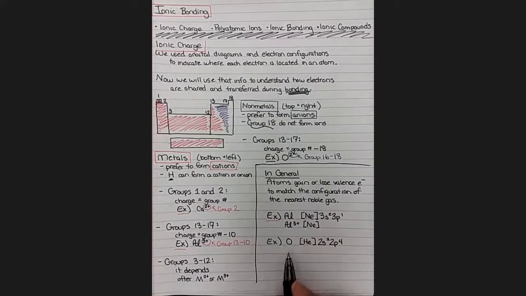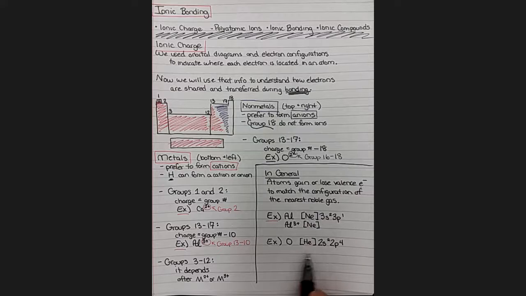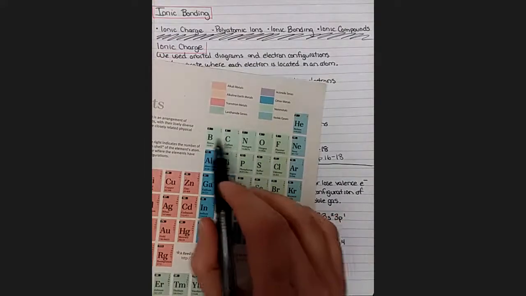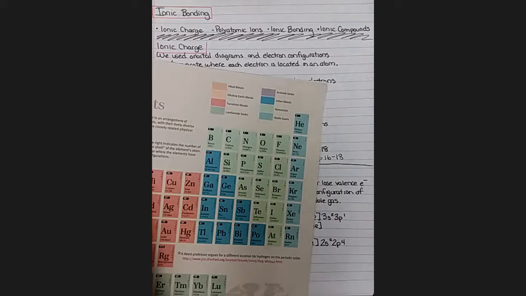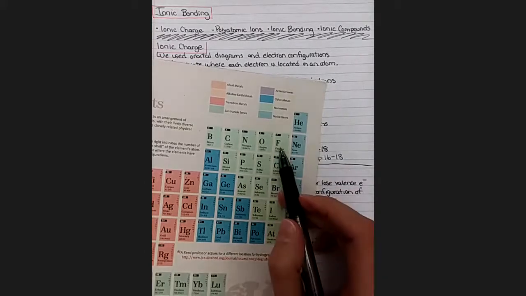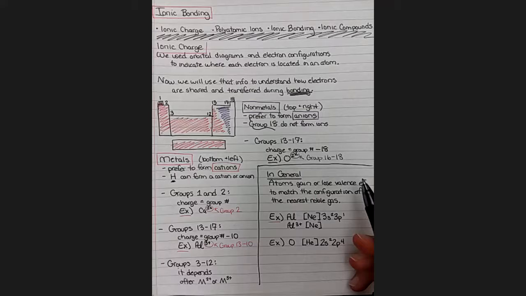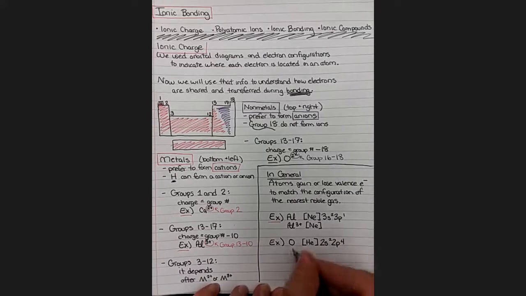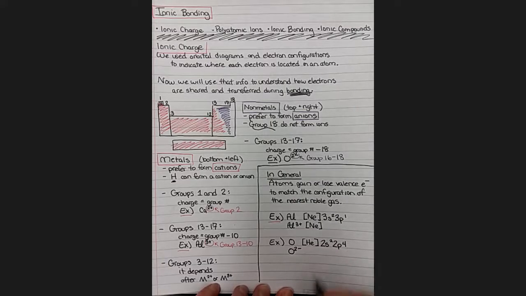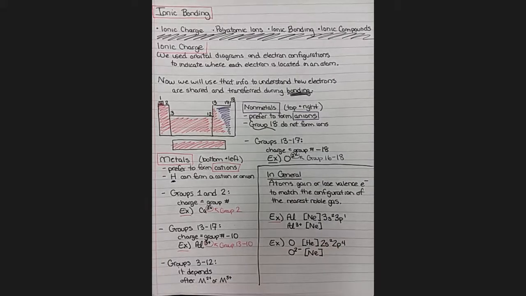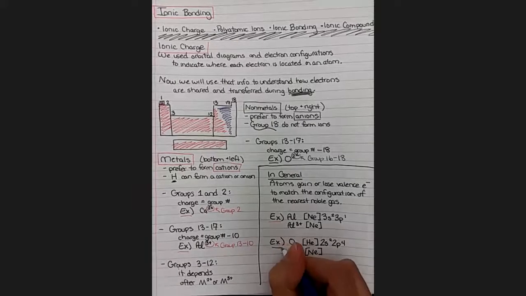And if we want to get the oxygen close to a noble gas configuration, we can either subtract 1, 2, 3, 4, 5, 6 electrons to have the same configuration as helium, or we can add 1, 2 to get the same configuration as neon. So adding 2 is easier than subtracting 4. So that's why we often see oxygen 2- with the same configuration as the noble gas neon.